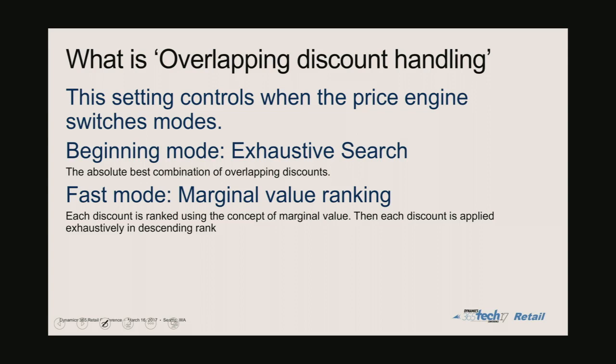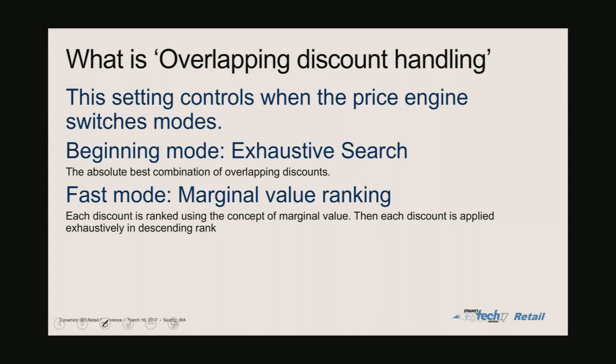So if it's looking for a price and it's looking for too long, it will save the result that it's at right now. And one of the things that we find is that result is usually, almost always, the best result, even though we didn't finish.